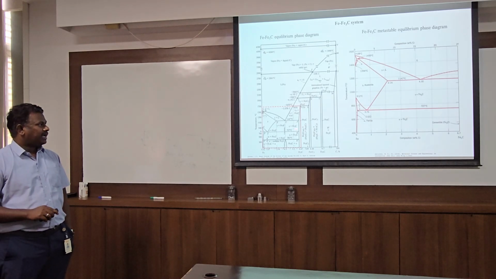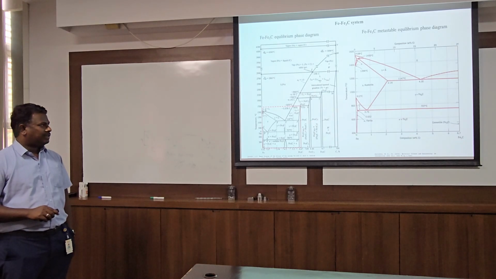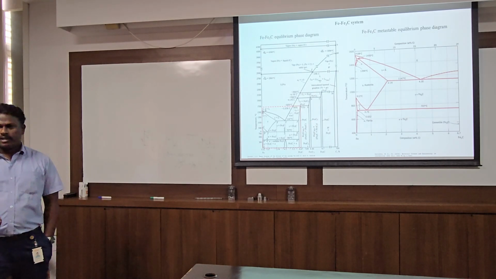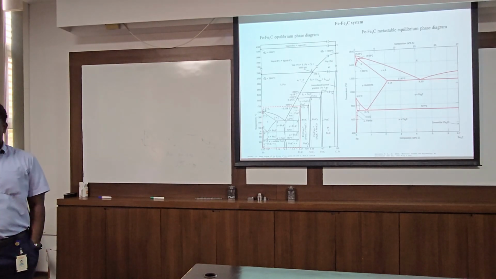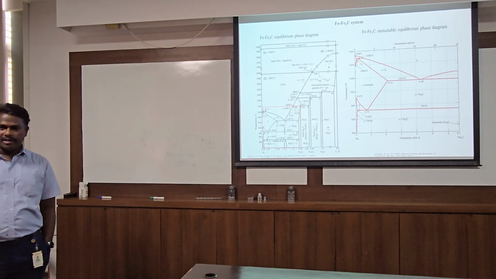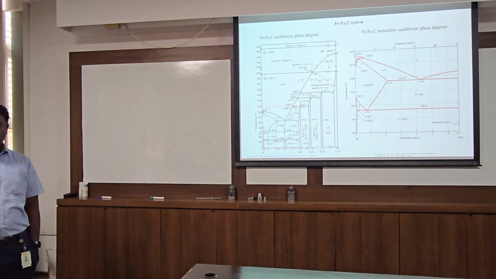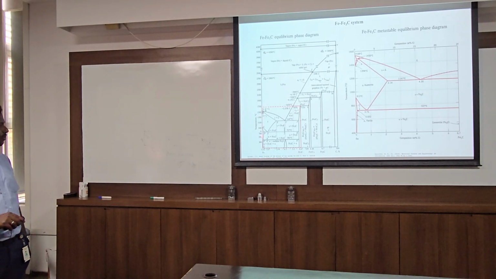As we increase to higher carbon percentages, suppose I go here, I get Fe₃C. It's a very complex crystal structure. What you will get is that your fracture toughness will go very badly. It will become brittle. When you throw the steel hard at a wall, it will break. So there is no use for engineering applications. That is why we limit our focus to this range.